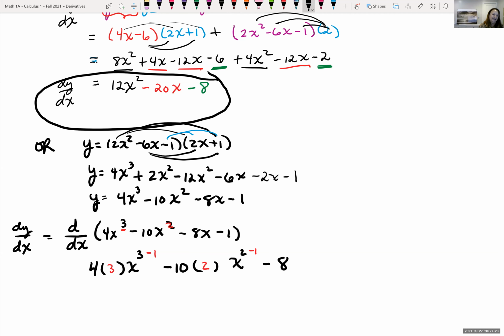Minus 8, I want to think of it as bringing your power down front, subtract 1 from our exponent. And the derivative of the constant is 0. 4 times 3, that's 12x. 3 minus 1 is 2. So 12x squared minus 10 times 2, so 20x, minus 8 times x to the 0, so just minus 8.